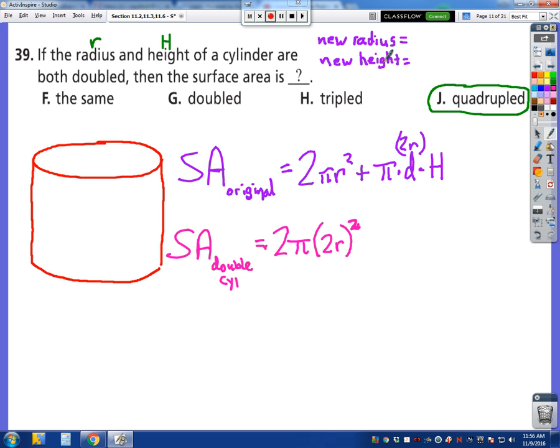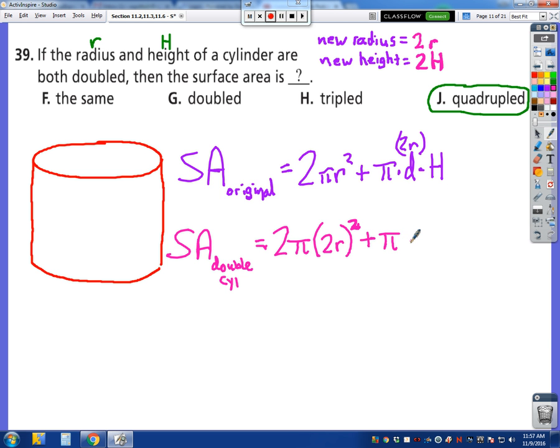My new radius is going to be twice my old radius, and my new height is going to be twice my old height of h. So these are the values that I'm going to use for r and for h in the formula.